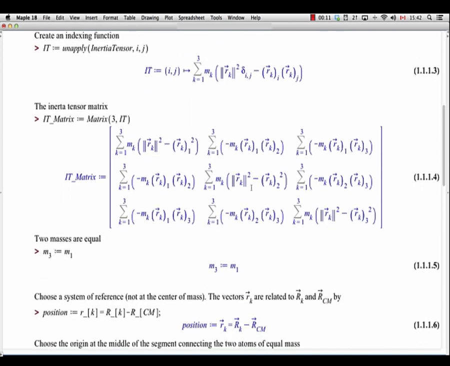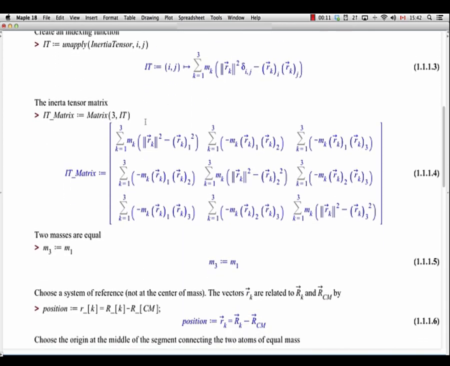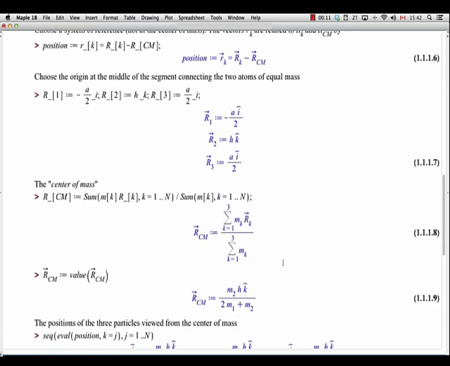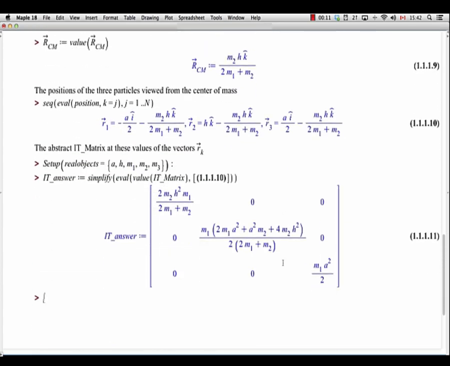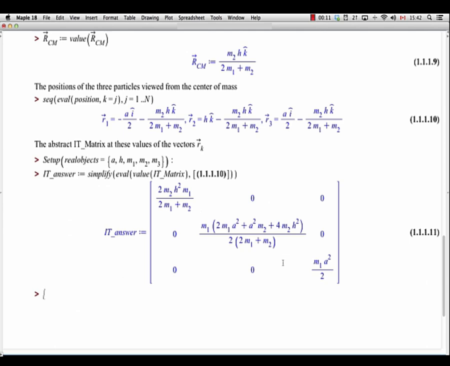Then we have a matrix of somewhat abstract formulas, do a few assignments, and we get the value. This illustrates well the kind of computations that can now be done with abstract vectors.